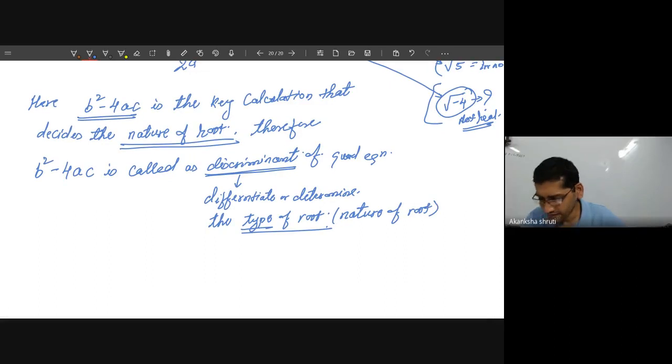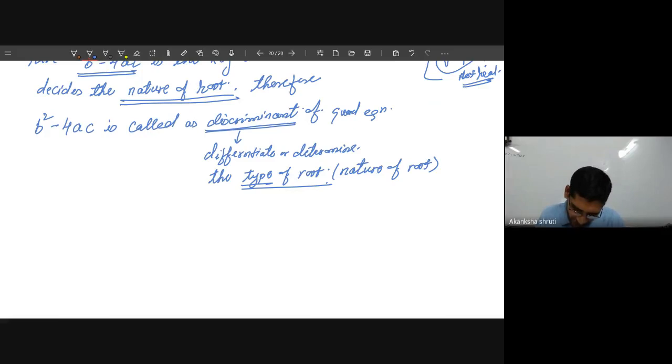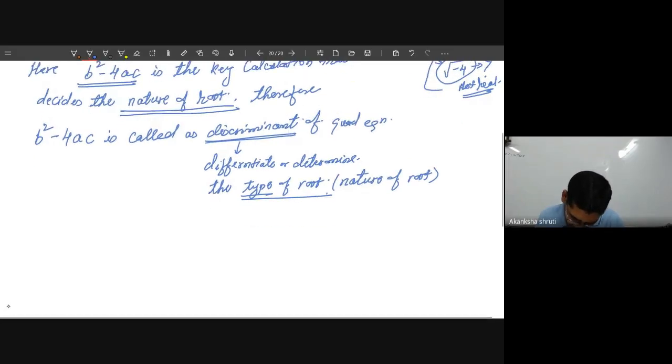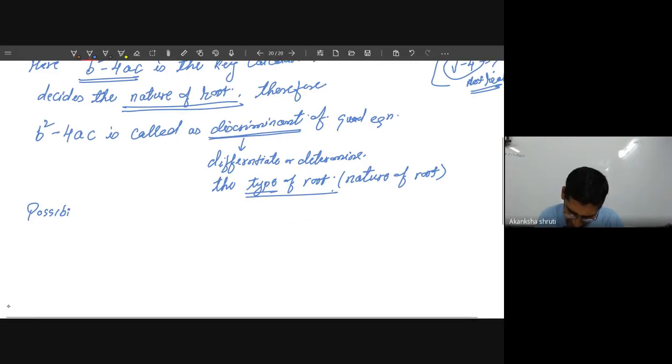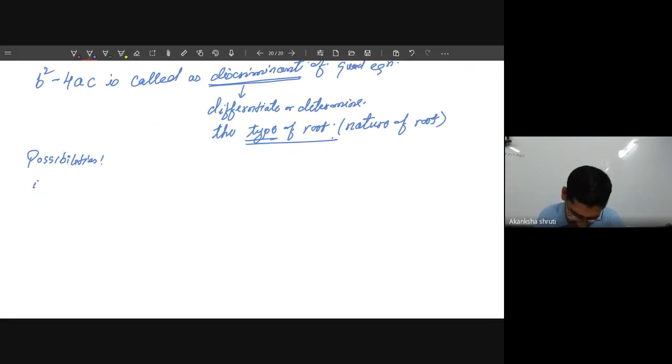Let me tell you how. Now look at this: what are these natures of root? First possibilities. What are the possibilities? The first possibility is that b square minus 4ac is a perfect square number.